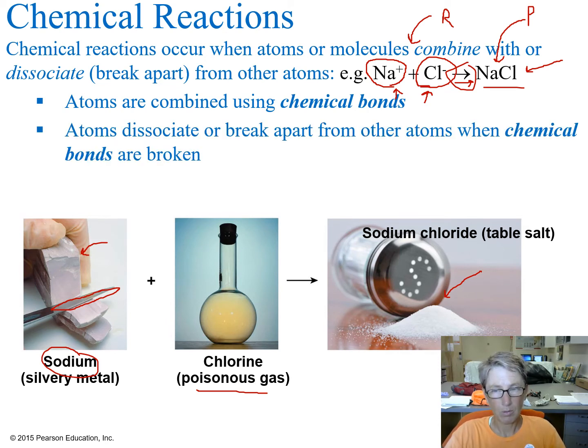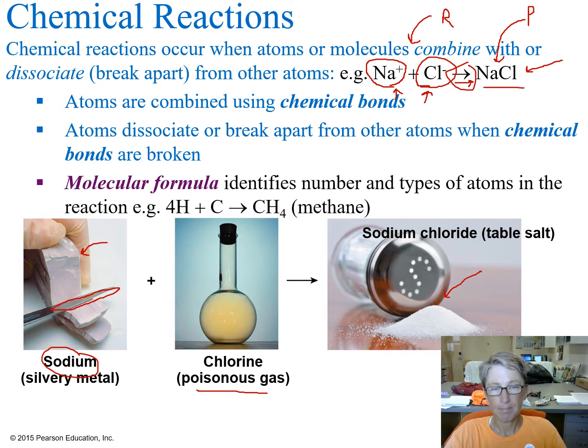And we'll talk about all the different types of chemical bonds that we're interested in anatomy and physiology. When atoms break apart from other atoms, that happens when the chemical bonds break. And when atoms combine, that's when the chemical bonds are formed.